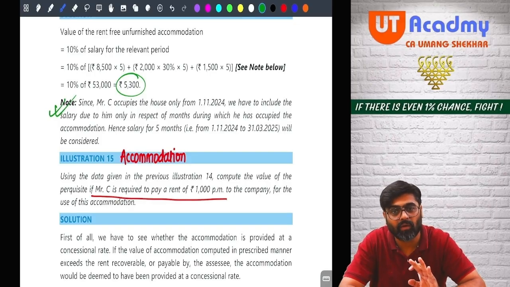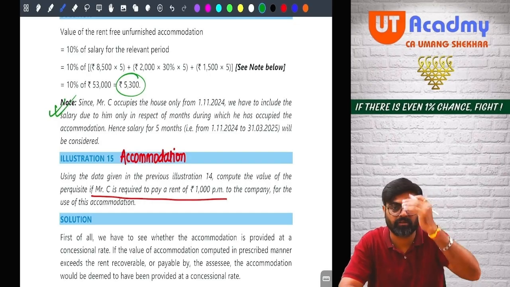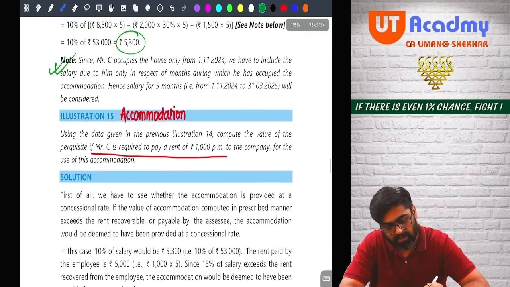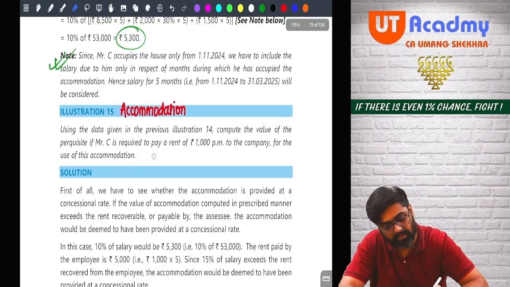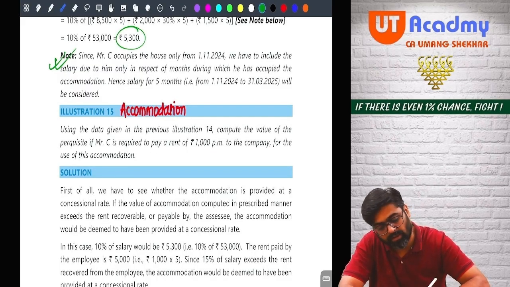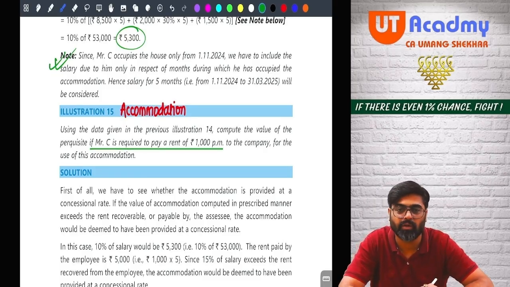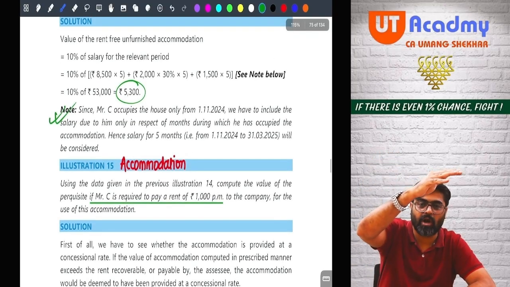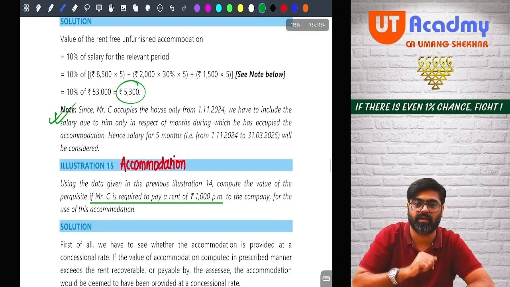Now, in the same example which is given above, the 14th illustration, they are saying that using the data given in the previous illustration, compute the value of the perquisite if Mr. C is required to pay a rent of 1000 per month. Same accommodation, if rent free given, how much is the taxable value? 5300.